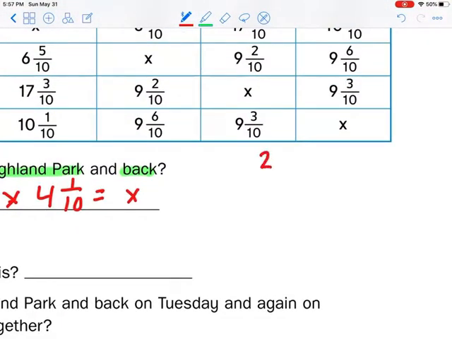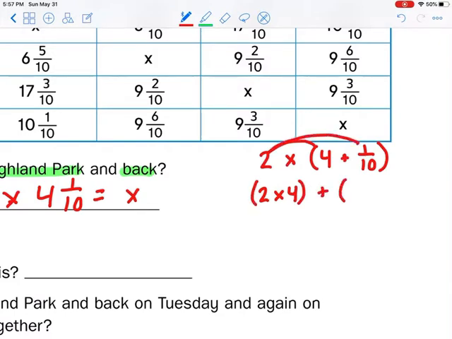So if you do 2 times, and you're going to break apart 4 and the fraction, so 4 plus 1/10, you would do 2 times 4 plus 2 times 1/10.